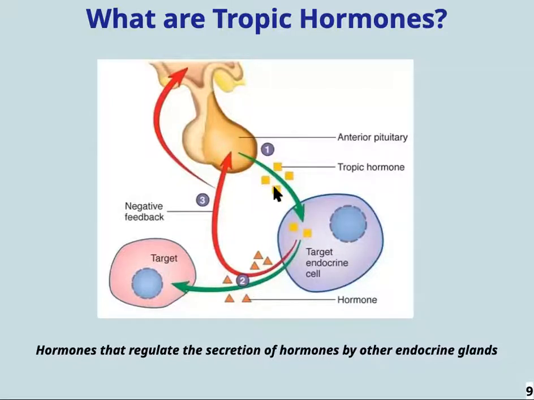So this hormone that triggers this other endocrine gland to also secrete hormone is called a tropic hormone. But similarly, if we have a hormone that actually inhibits this gland from its secretion of hormones, we also can call that a tropic hormone.